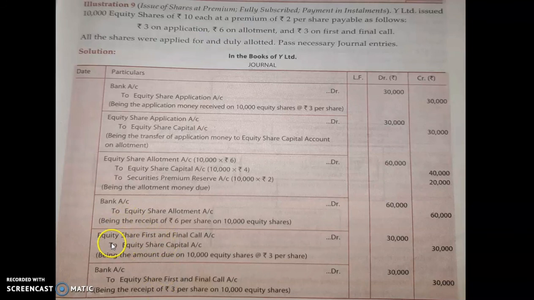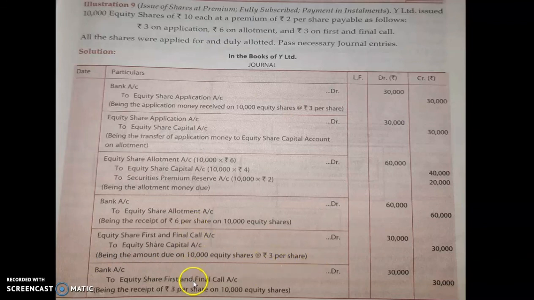So this is the due entry, that is equity share first and final call account debited to equity share capital account. Just see here, 10,000 into how much is the first and final call? 3 rupees. 10,000 into 3, that will give you 30,000. So this is the due entry. Write down in the narration, being the amount due on 10,000 equity shares at the rate of 3 per share.